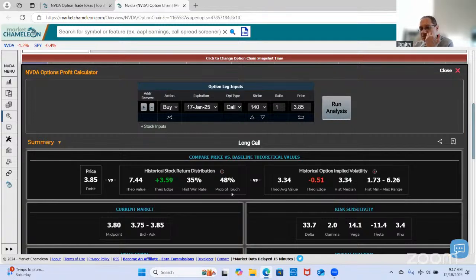Okay, so it's a little bit higher. What this is saying is that the historical probability of this being profitable, even at parity, was almost 50-50. Not quite, but 48% of the time, which seems a little bit better if we looked at it from that perspective.